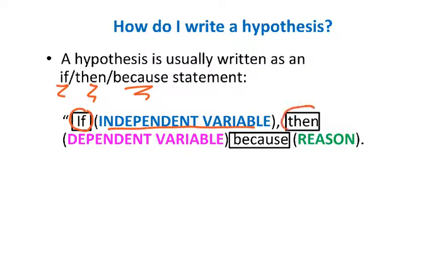After the then, you usually want to make a prediction about your dependent variable, and we're going to use pink for the dependent variable. Then you're going to follow this with the word because, and then you're going to provide a reason, or some background research about why you made this prediction. And we're going to color code that in green.